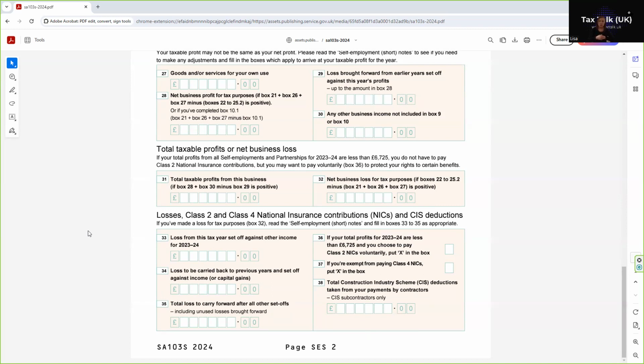If you are below the small profits threshold, it won't be treated as paid, and you would need to pay that voluntarily if you need the qualifying year. You also have the option here to notify HMRC if you are exempt from paying class 4 national insurance.